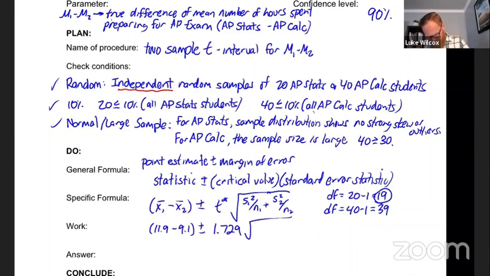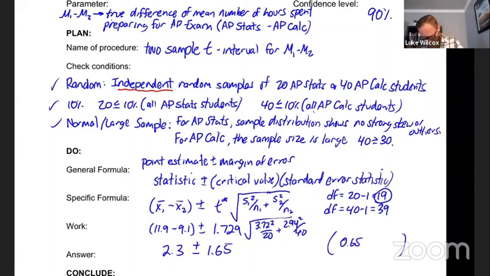It's going to be 3.72 squared over 20 plus 2.94 squared over 40. So I did these calculations already. I got 2.3 for my point estimate, and I got 1.65 for my margin of error. And that is going to give me a final answer of, let's see, 0.65 up to 3.95.